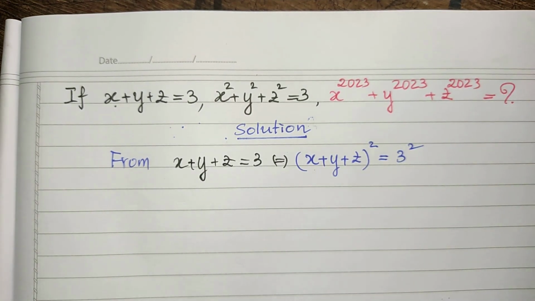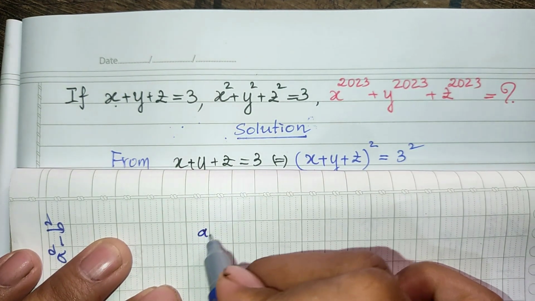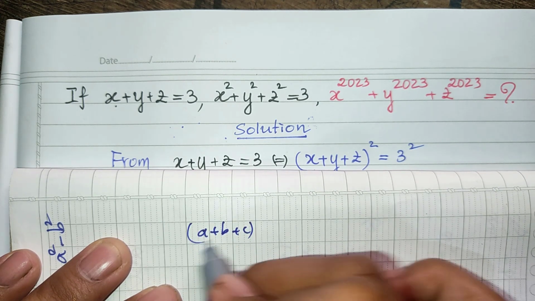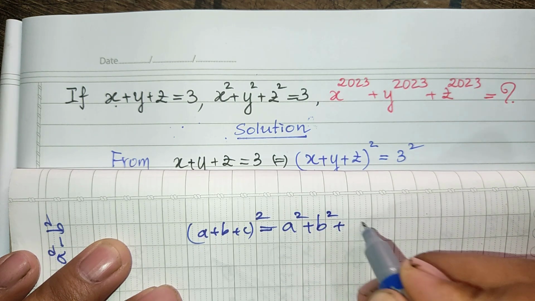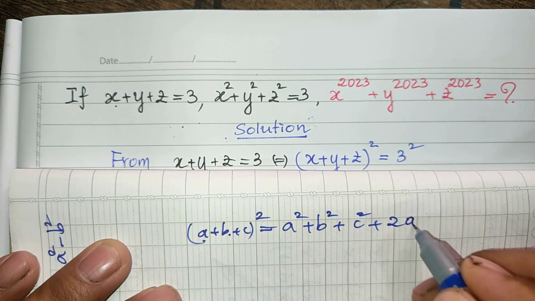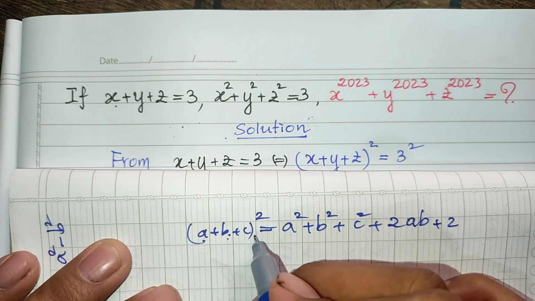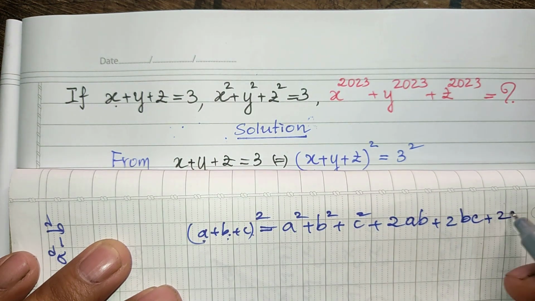Here we use the formula that a plus b plus c all squared is equal to a squared plus b squared plus c squared plus 2ab plus 2bc plus 2ac.